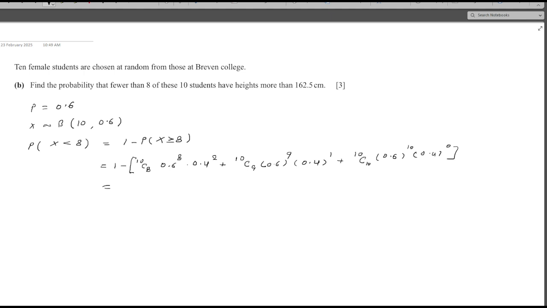So this is equal to, let us do the calculation, 10C8 times 0.6 power 8 times 0.4 square, plus 10C9 into 0.6 power 9 into 0.4 power 1, and 10C10 is 1, plus 0.6 power 10.